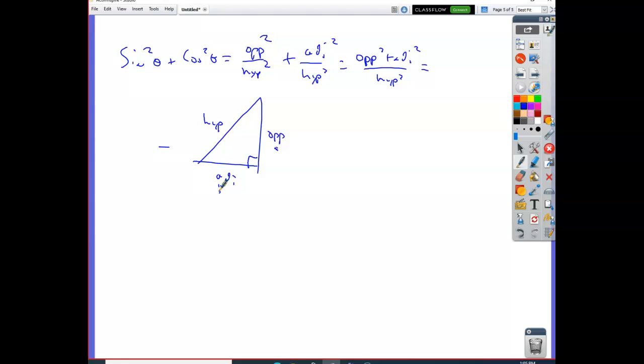By what ratio? How do we know how much longer? Like the Pythagorean theorem, which would be opposite squared plus adjacent squared equals hypotenuse squared, right? Yes, the opposite squared plus adjacent squared is equal to hypotenuse squared.